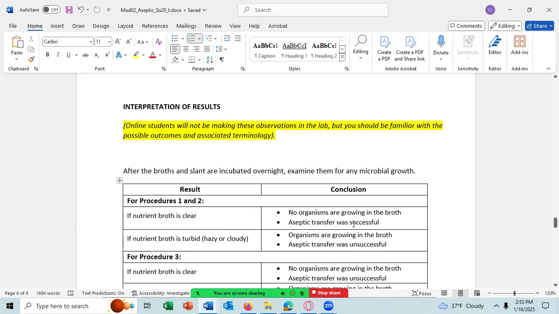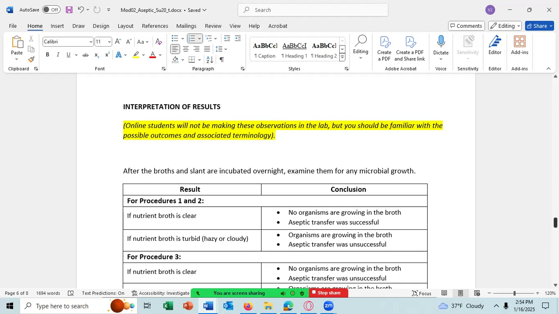So when you're discussing the conclusion, you must discuss two things: whether there's growth in the tube and whether aseptic transfer was successful. And if the nutrient broth is turbid, hazy, or cloudy, the conclusion is organisms are growing in the broth and aseptic transfer was unsuccessful.